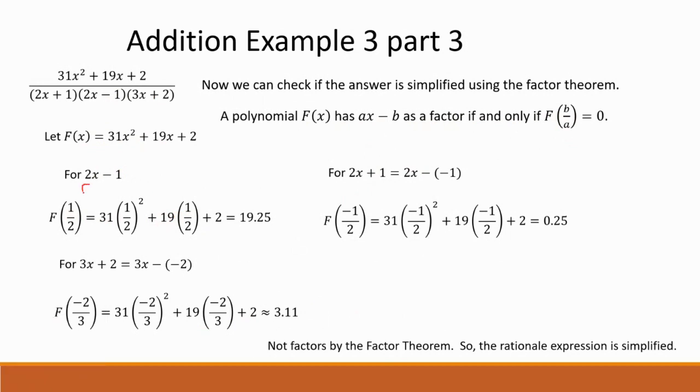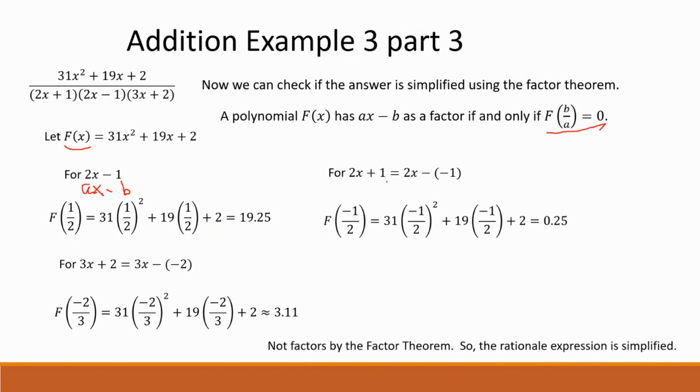So we have F of 1 over 2, where again, this is our F. And if you calculate that directly, I did this through Desmos, you get 19.25. You could use a calculator, so.